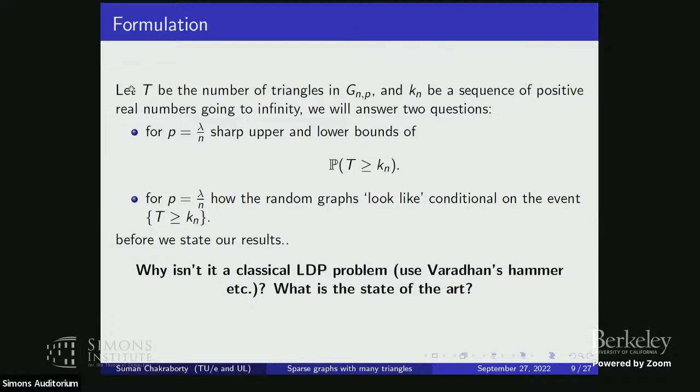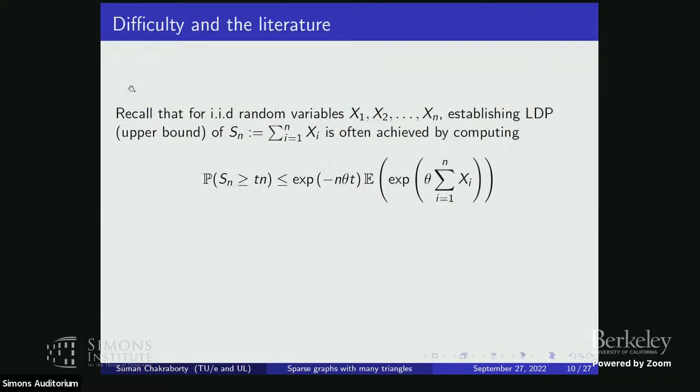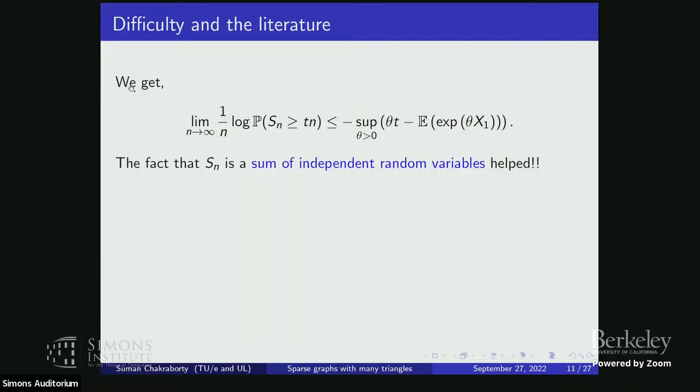Okay. And then some more explanation about why this isn't a classical LDT problem. You use Markov's inequality, compute exponential moments, and try to get something like this. I guess this was explained a bit yesterday as well. So how do we usually prove a bound on this, which is very simple for IID sums? For an upper tail of an IID sum, just exponentiate the sum, assume that the moment generating function exists, and write it like this, use the independence here, and within a few lines you get this.